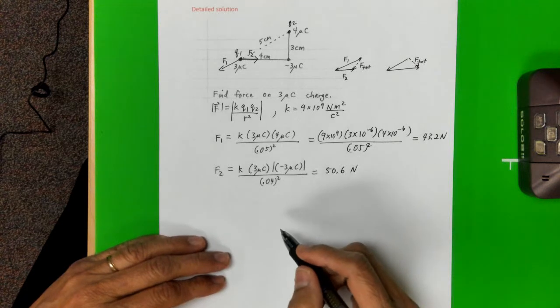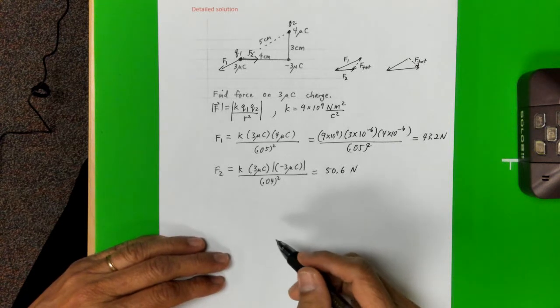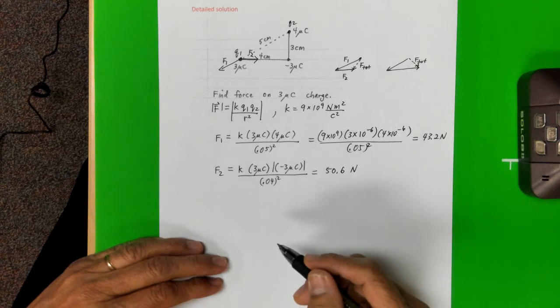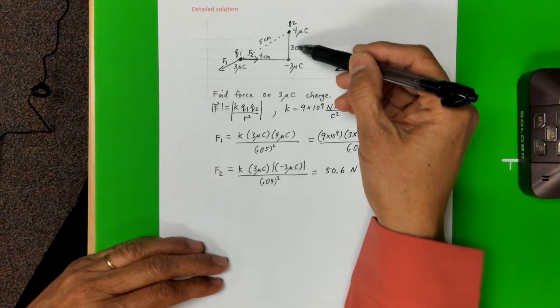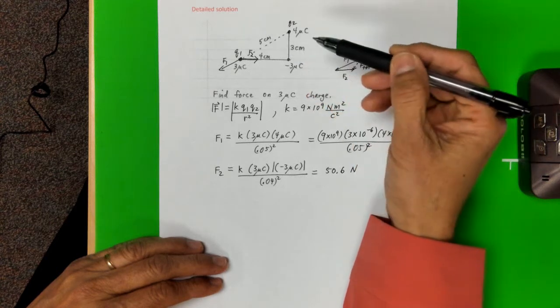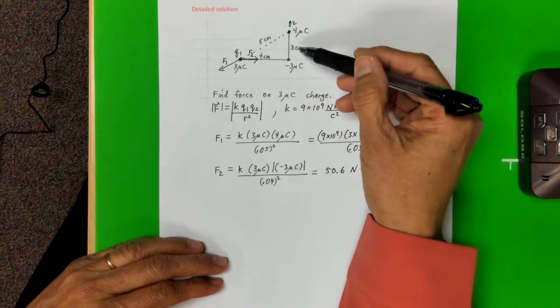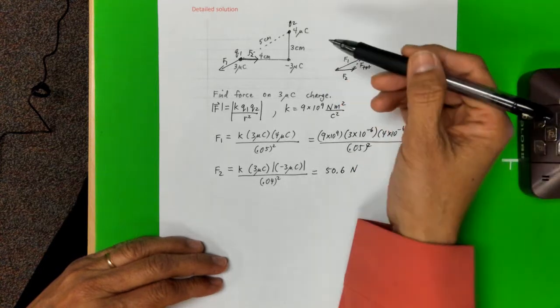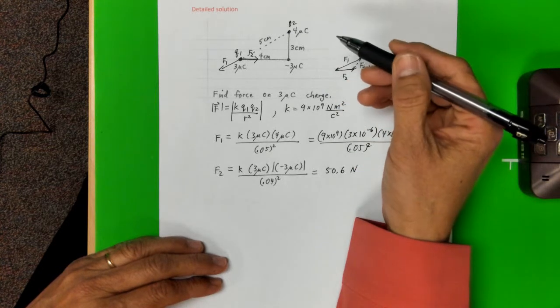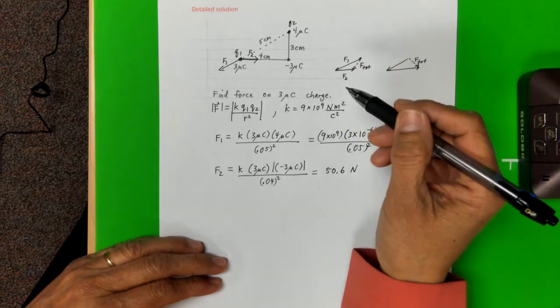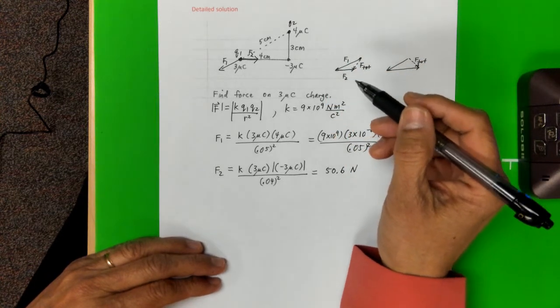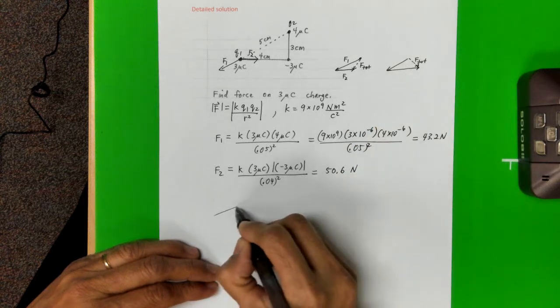So now what you have to do is add them vectorially. And to do that, you have to be able to see the angles. So one thing you notice is that this is a 3, 4, 5 triangle, and it's handy to remember that the angles are 37, 53, 90. But if you can't remember that, then you want to use your trig functions to figure out some kind of angle. So let me redraw this picture.